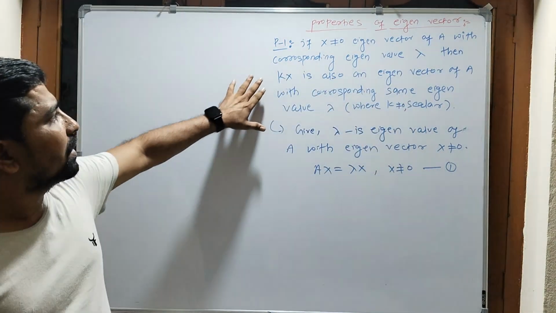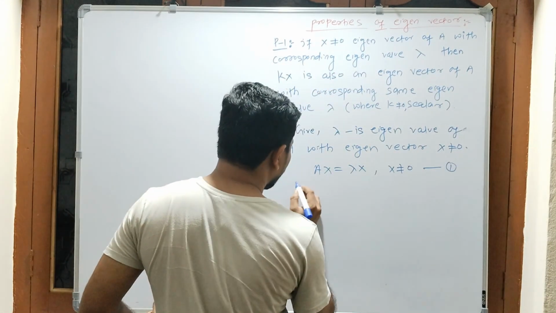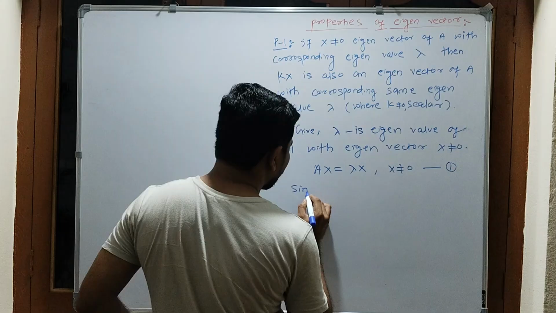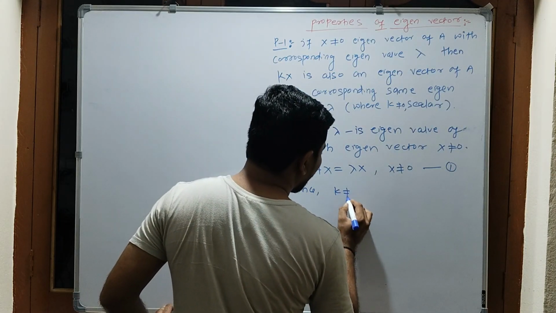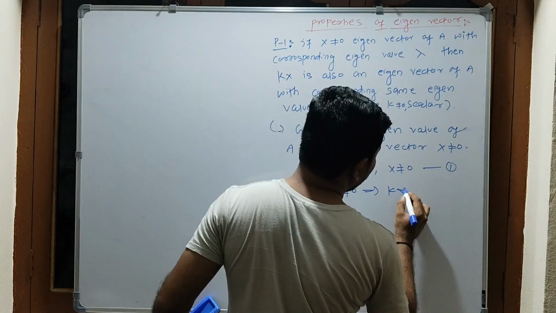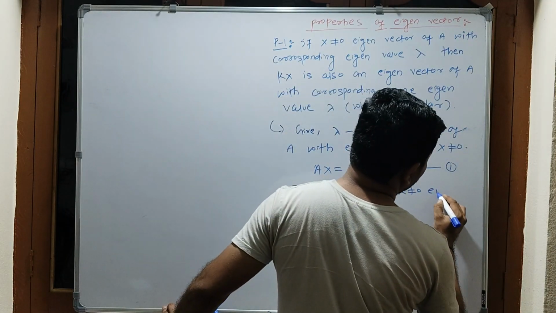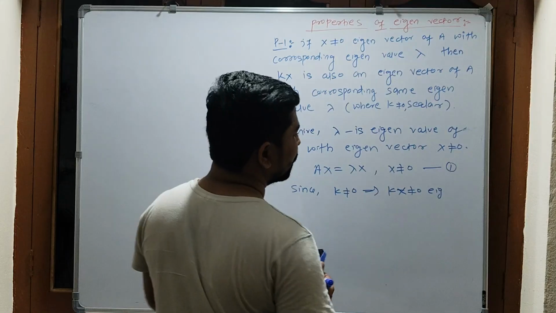They are saying kx is also an eigenvector. Since k is non-zero, this implies kx, k times x, is also non-zero.